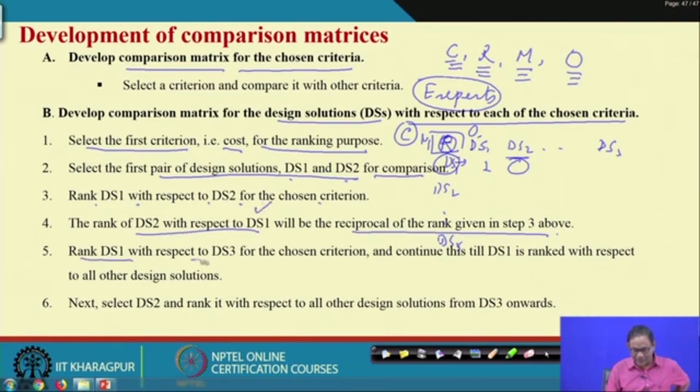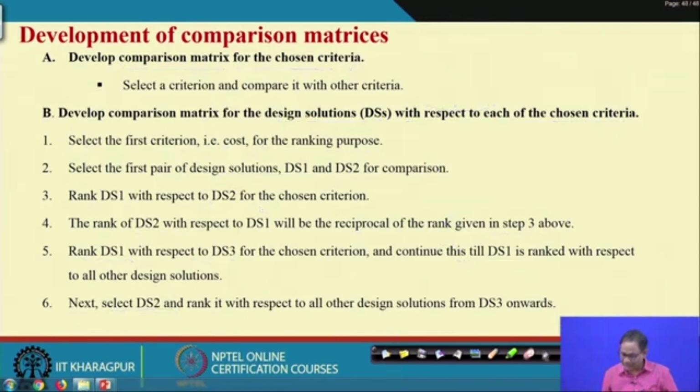Similarly, rank DS1 with respect to all other design solutions. Here 5 design solutions are there, so DS1 to DS2, DS1 to DS3, DS1 to DS4, DS1 to DS5. Then next you select DS2 and continue the process.